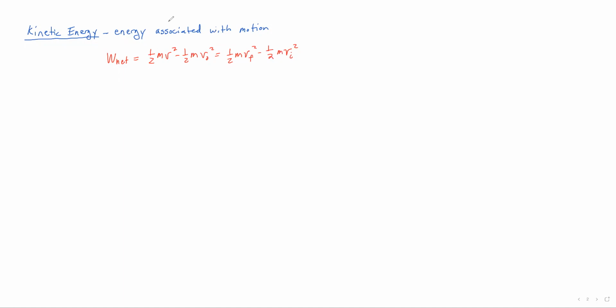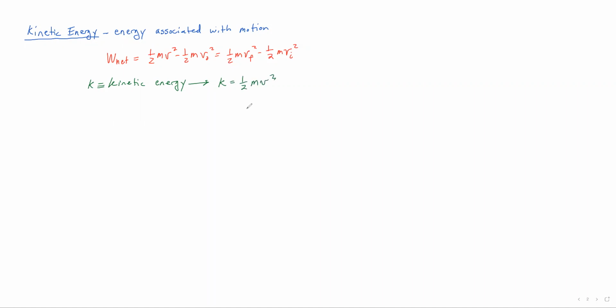So this is where we're going to define our kinetic energy. K is going to be kinetic energy, so we don't have to keep writing kinetic energy out. What I'm going to say is K is going to be 1/2 mv squared.